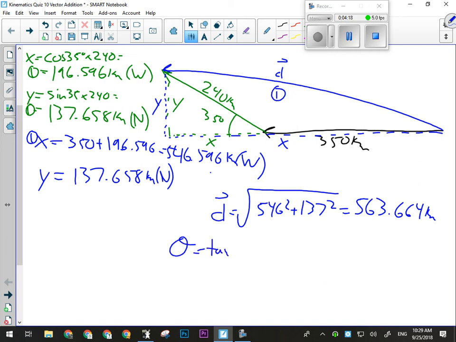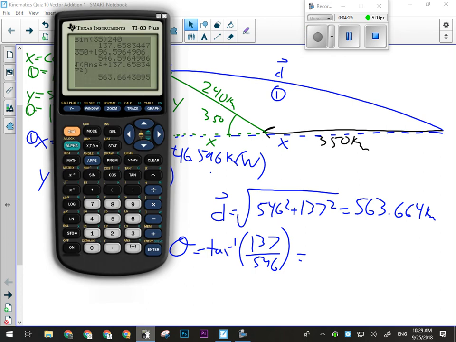Okay, and then we got to find its vector. So for me, the opposite side of the triangle I drew was the 137. Okay, the adjacent side was the 546. Okay, again with all the decimals plugged in. So we'll have second tan, okay, of our 546.5964906 divided. Whoops, I got that the wrong way. Shoot.